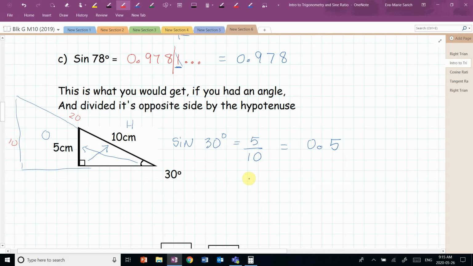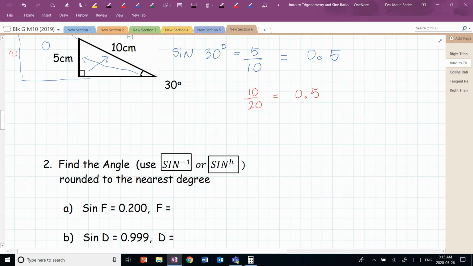You would have 10, the opposite, divided by 20, and it's still going to give you 0.5. Okay? So it doesn't matter. Any 30-degree angle, if you take the opposite side and you divide it by the hypotenuse, you're always going to get 0.5 as the sine of 30 degrees. Okay? It's a ratio that is the same for any angle that is at 30 degrees.